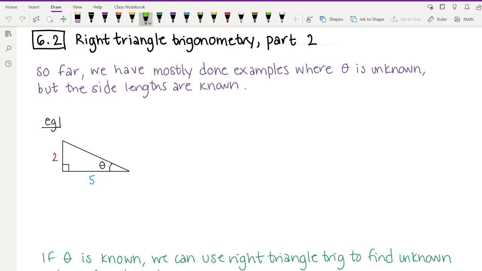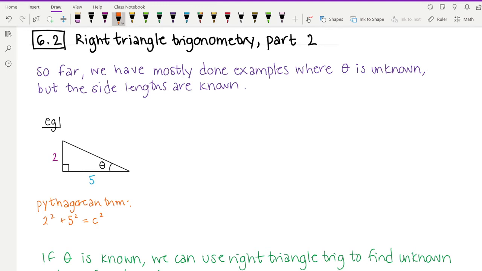One thing you might notice in this example is that the hypotenuse is missing, but that's okay. We can find it. If you have two sides of a right triangle, regardless of what the angles are, you can always find the third side using the Pythagorean theorem, right? So we have 2 squared plus 5 squared is equal to c squared.